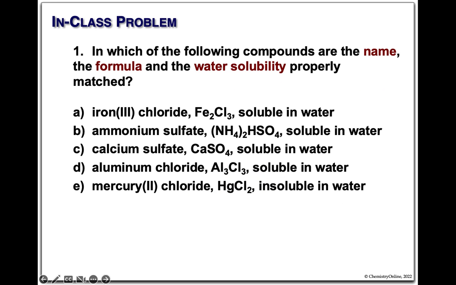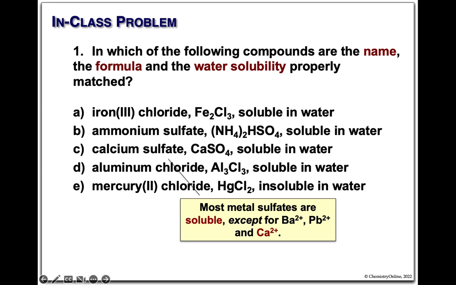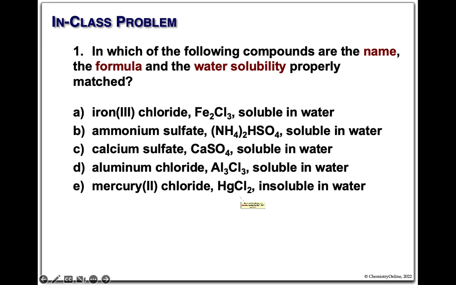Calcium sulfate. Well, calcium is +2, sulfate is -2. Now we remember that most sulfates are soluble in water, except for barium, lead, and calcium. So this is not soluble in water. Aluminum chloride. Aluminum is a group 3 metal. It is a +3 charge.